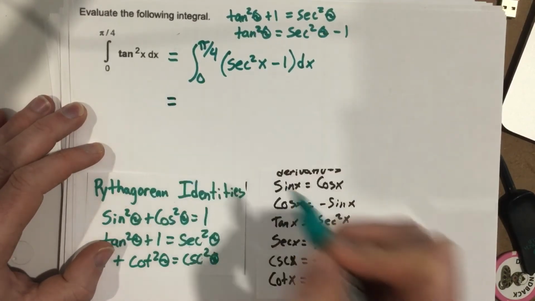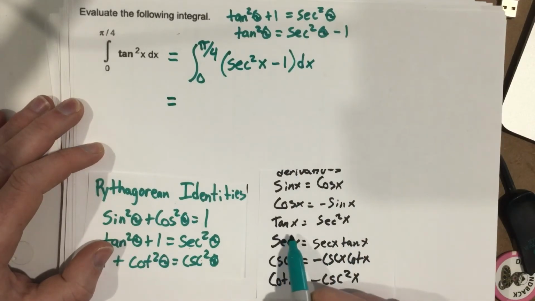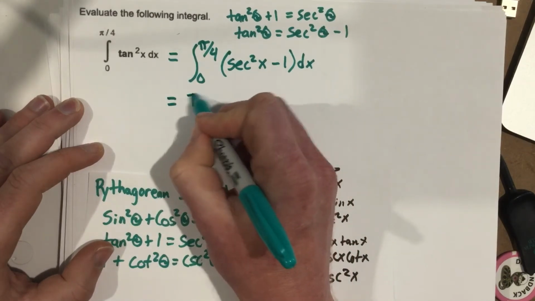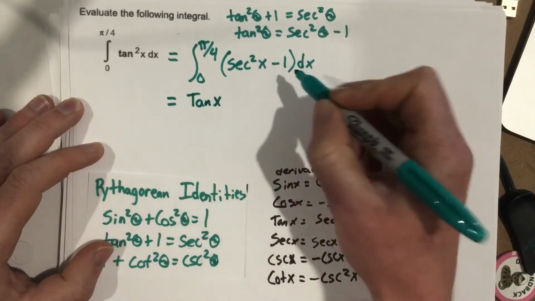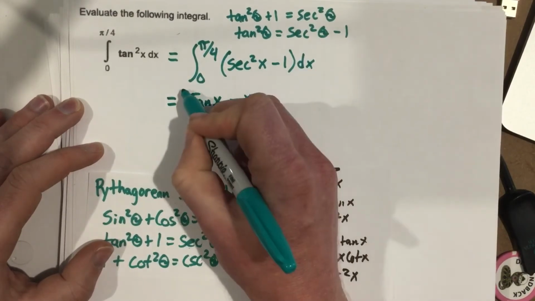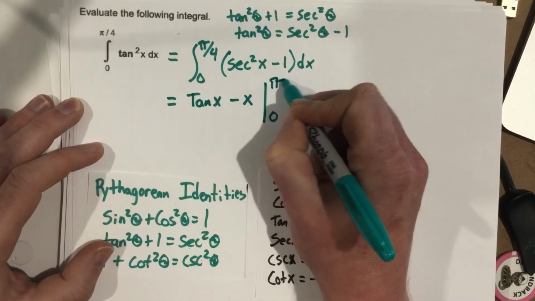And now let's take the antiderivative. We know the antiderivative of secant squared is tan x. So we can say that this part is tan x. And minus 1, the antiderivative is minus x. And that's going to be evaluated from 0 to pi over 4.